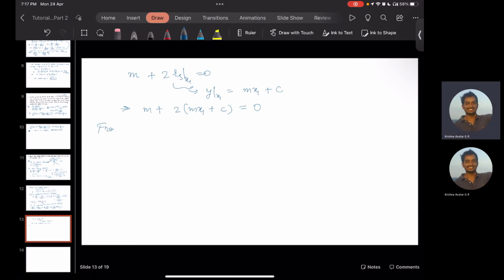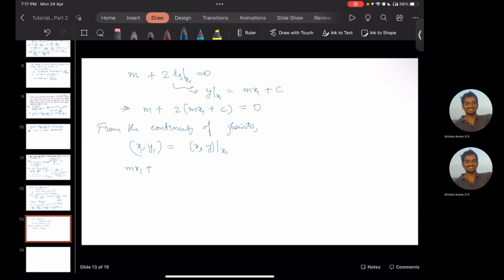Okay, now from the continuity of points, we have x1, y1 is equal to x and y at x1. Is it not? So this means that y1 here is mx1 plus c is equal to y at x1.